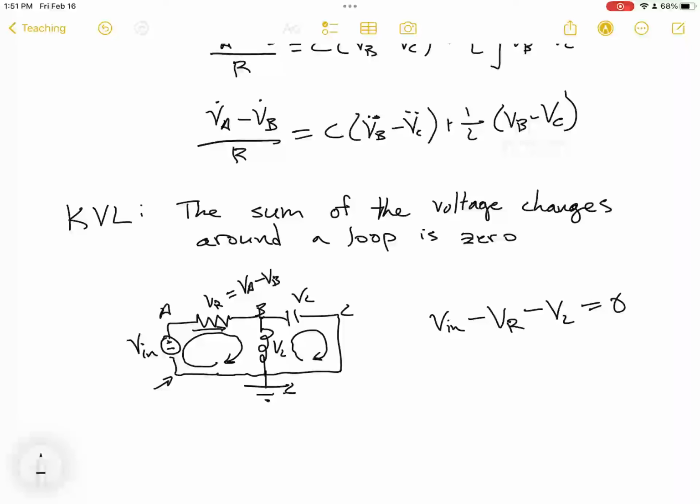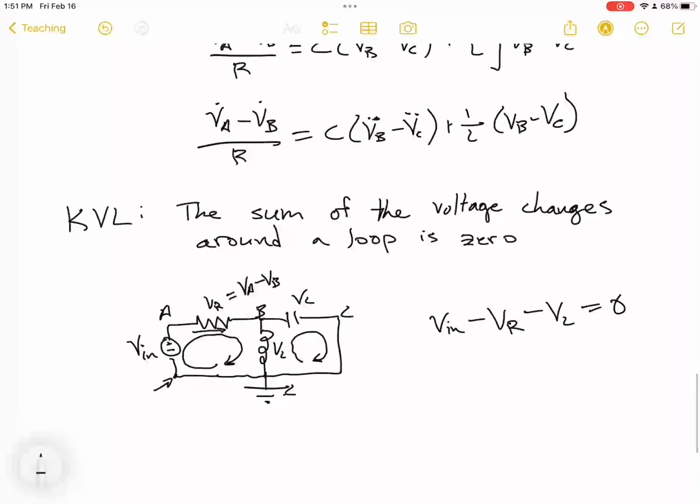That equals 0. And so an analogy of the pressure: if this voltage source makes us go up in pressure, the resistor makes us go down, the inductor makes us go down again, and we start back where we started, the voltage better be the same, or the pressure better be the same again. And that's what that says.